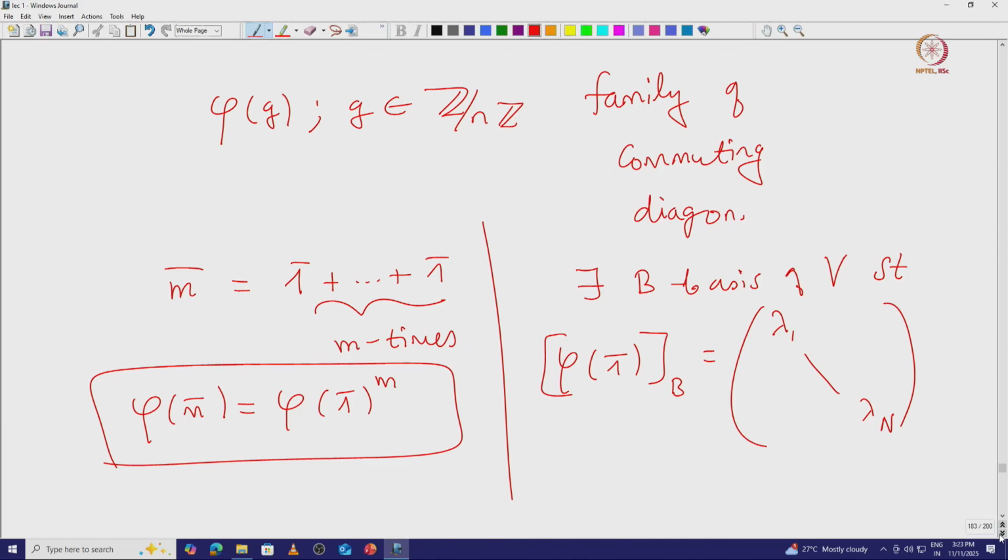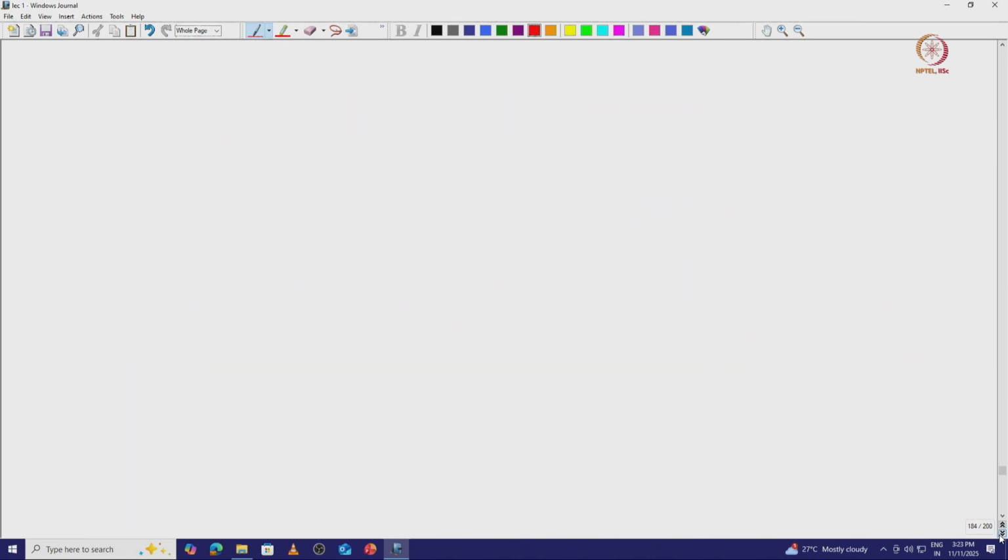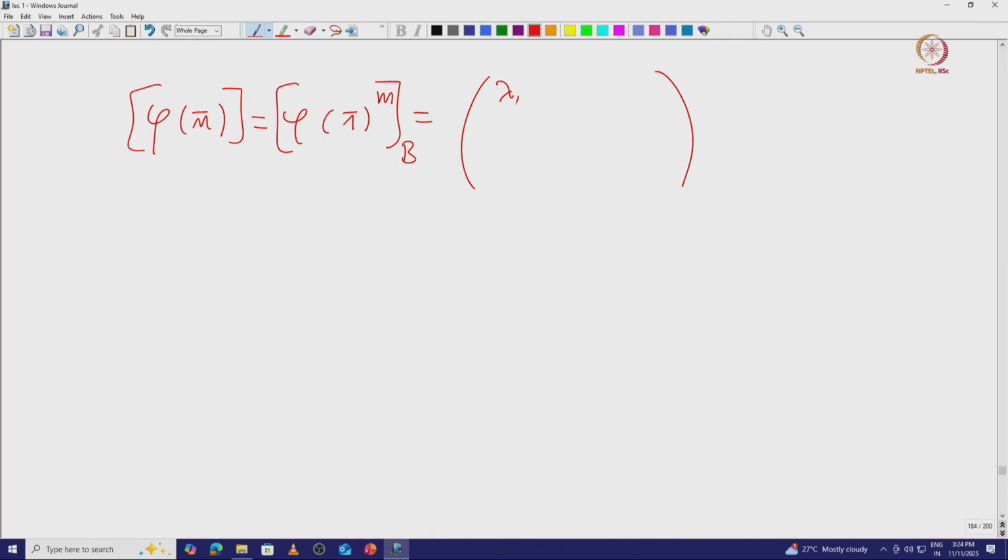It is not hard to prove that the same basis works for all the other operators phi of m bar. Phi of m bar is just phi of 1 bar power m, so its matrix with respect to the same basis looks like lambda 1 power m, etcetera, lambda n power m.